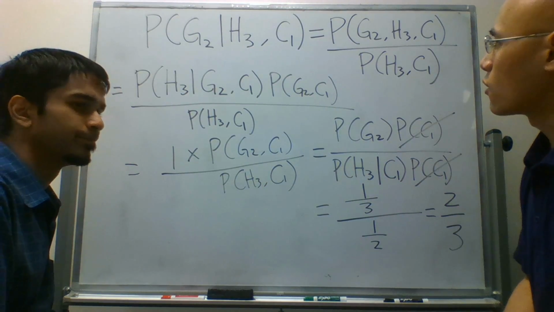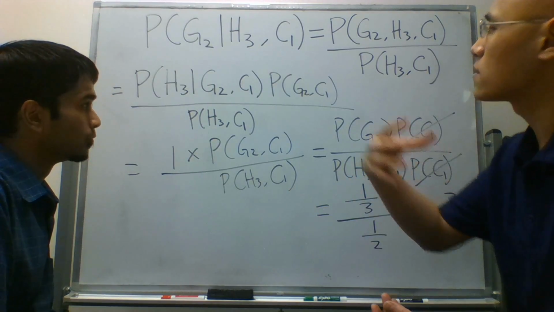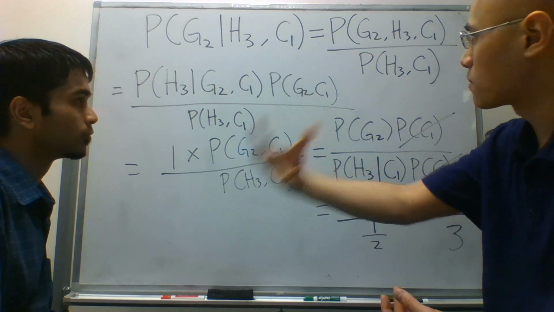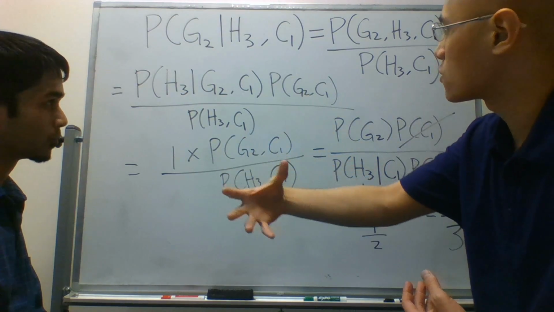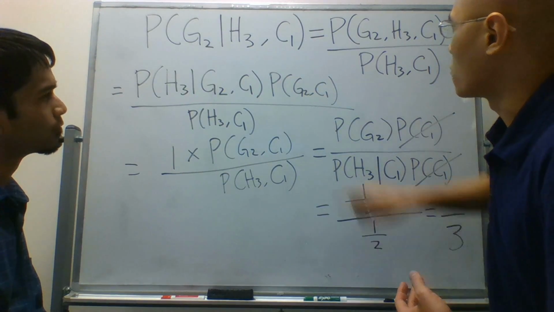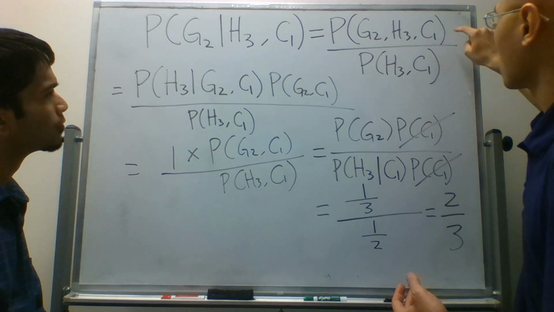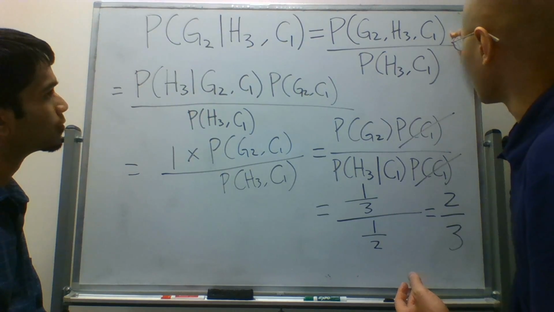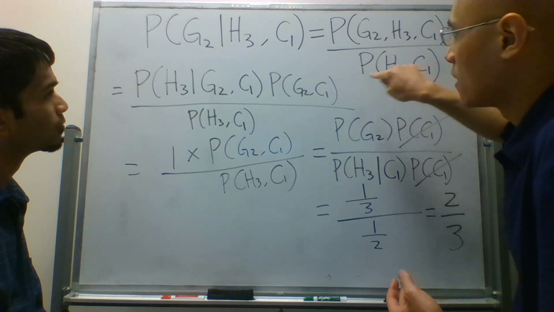If they switch, they hope to get gold behind door number 2. So what is the probability of getting gold behind door number 2, assuming that these two things have already happened? We can write this conditional probability in terms of this joint probability divided by this smaller joint probability.